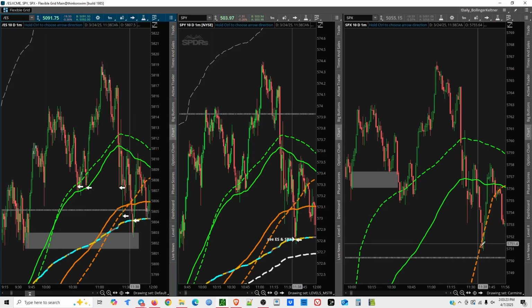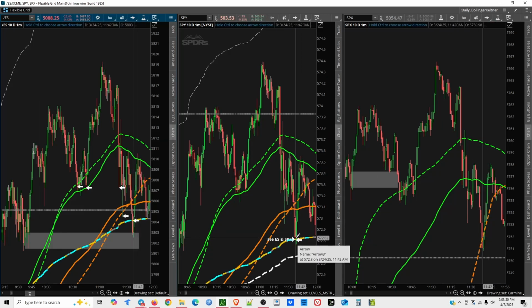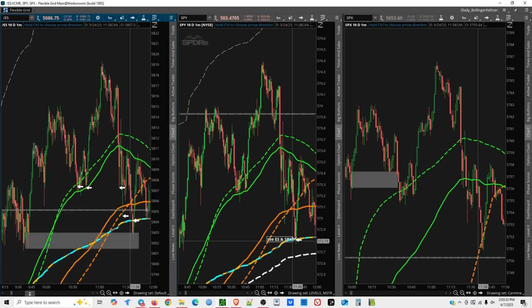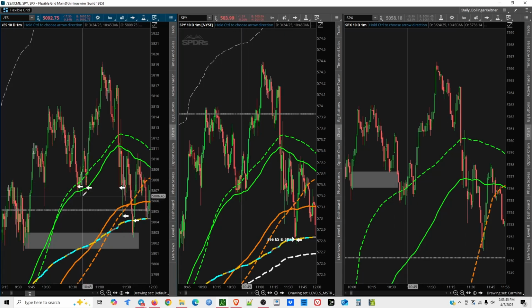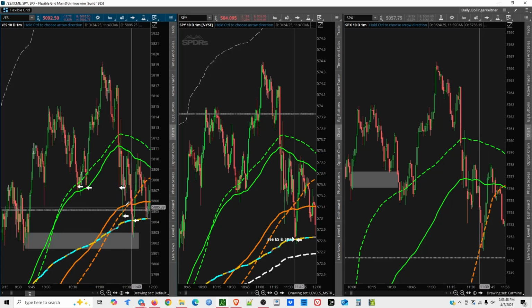So that is the kind of convergence that we look for between different indicators. In SPY's case and in ES's case, it was the intraday VWAP and pivot points and the 100 EMA and SMA and the 200 EMA and SMAs. That's exactly how we look for convergence on multiple charts to make sure that we get pinpoint entries.